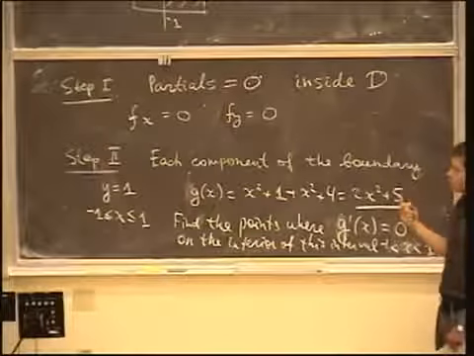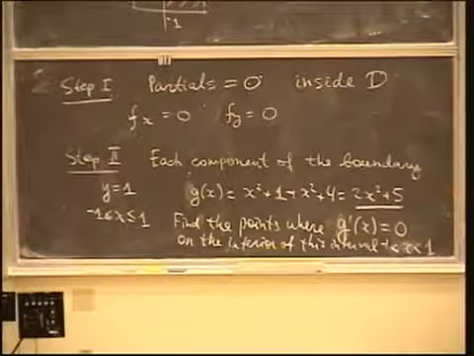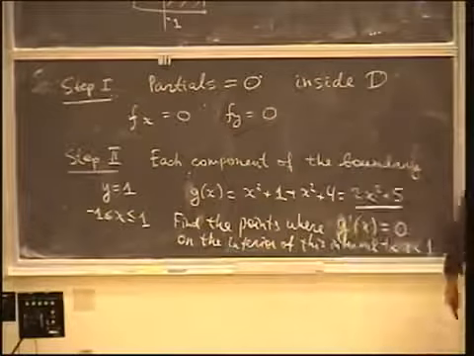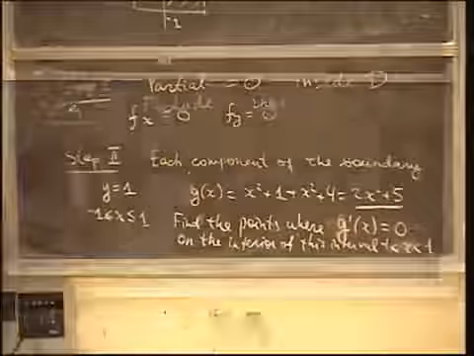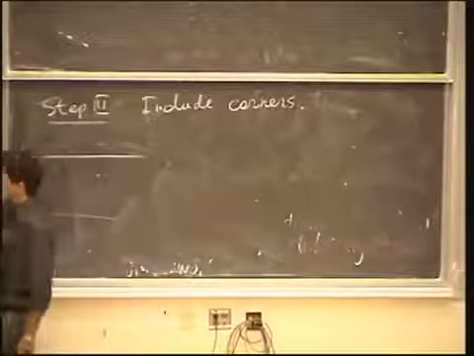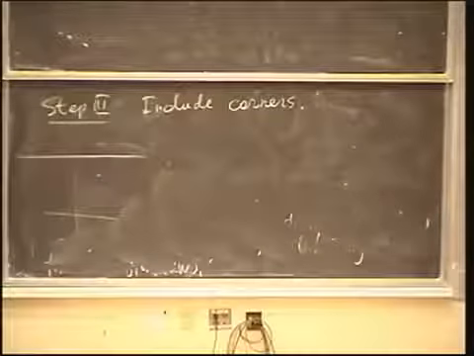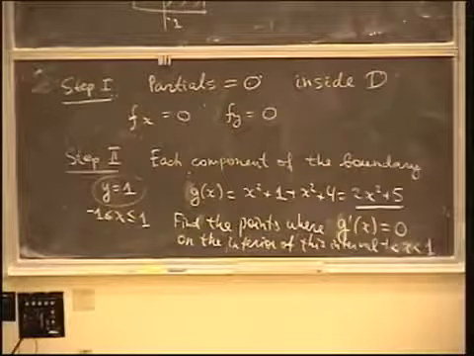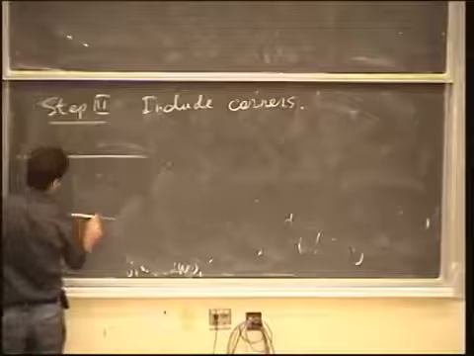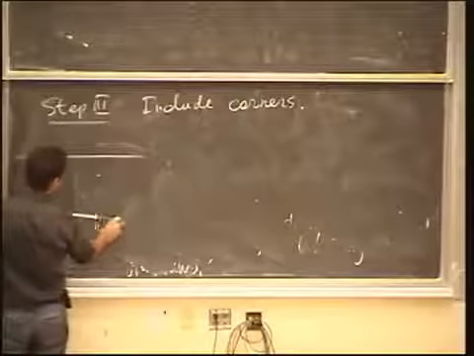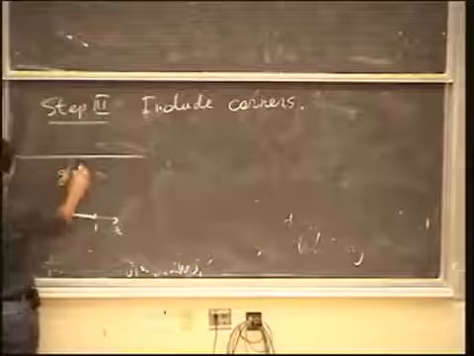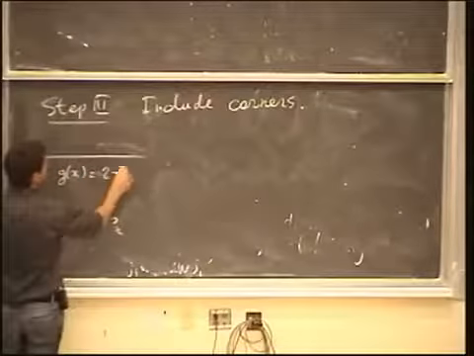Now, what would be involved in doing that? Let's say you look at my component y equals 1. You effectively get a one-dimensional problem where you have the interval from -1 to 1, and you want to find the absolute maxima and minima of the function g of x equals 2x squared plus 5.